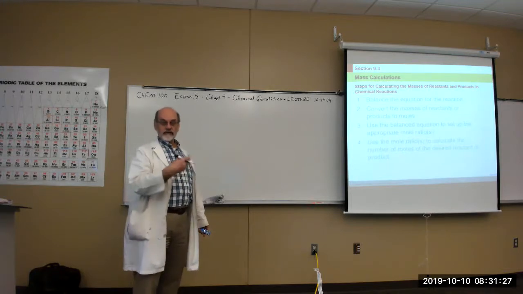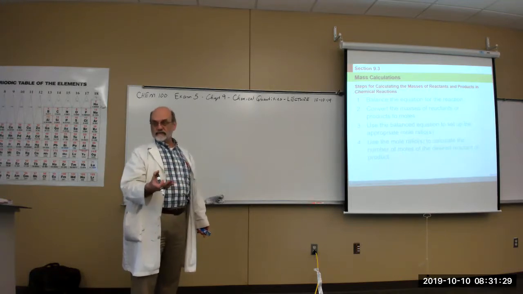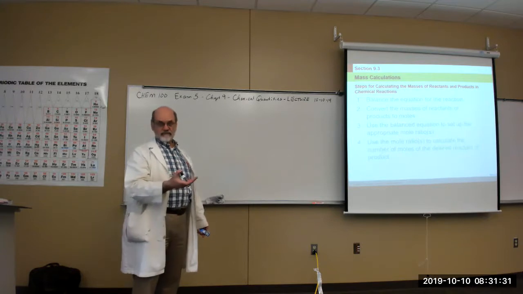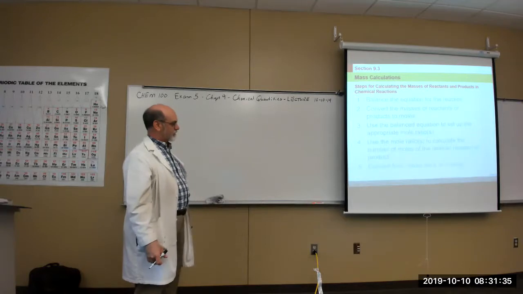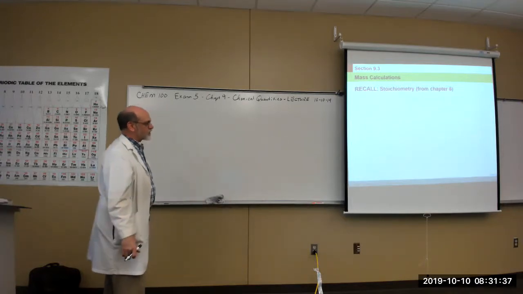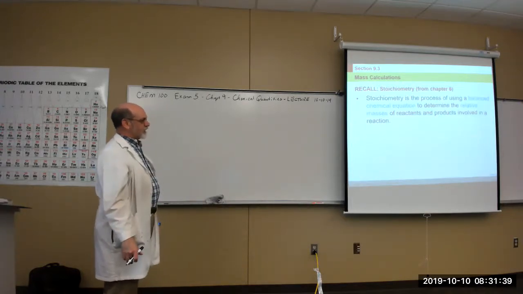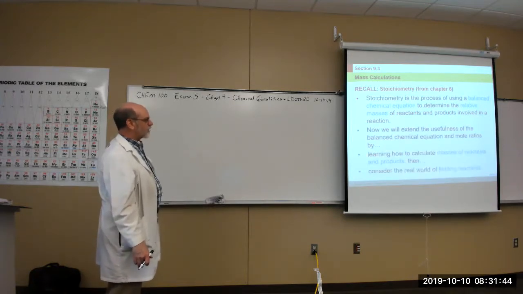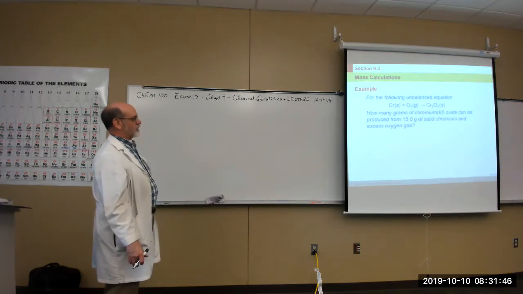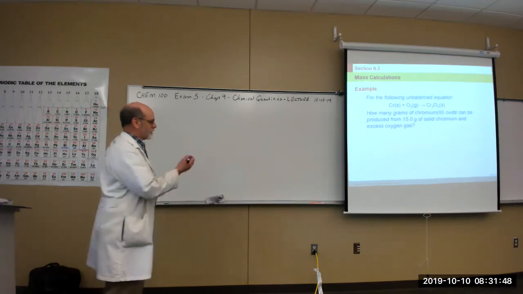And that requires another molar mass, a different molar mass for the other reactant or product. Okay? So those are the steps. And here's how we're going to get there.